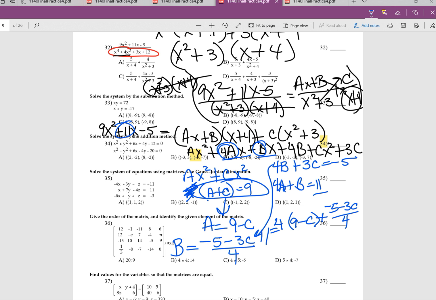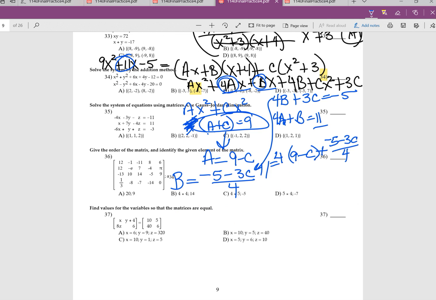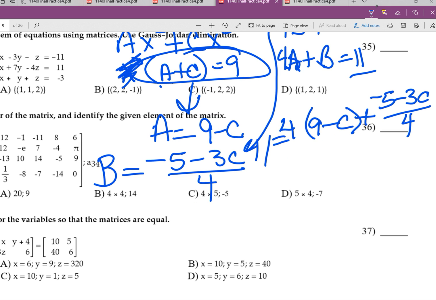Okay, I'm running out of space. So now I have 11 is equal to 36 minus 4c plus the negative 5 minus 3c over 4. I want to get rid of that 4, so I'm going to multiply the whole thing by 4.